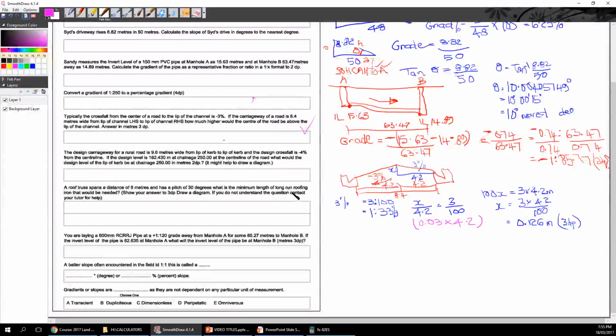The design carriageway for a rural road is 9.6 meters wide, lip of curb, and the design crossfall is -4%. If the design level, so this is the same diagram, just to save a bit of room, I might just draw this in here. So then we've got this one here like this.